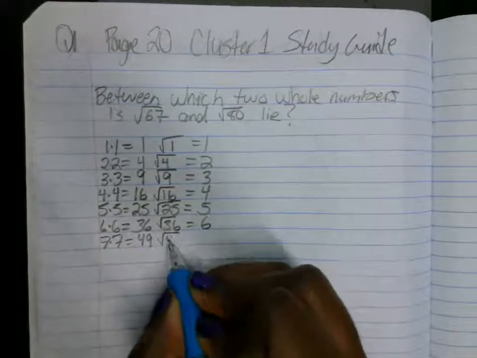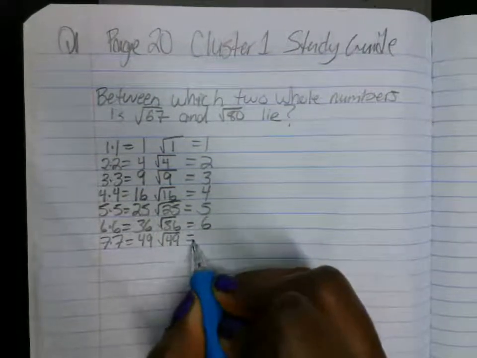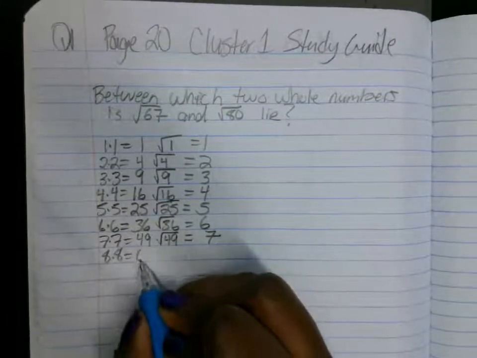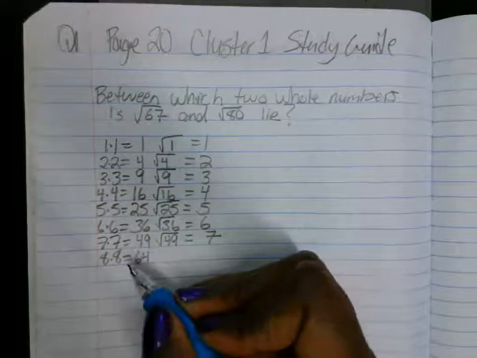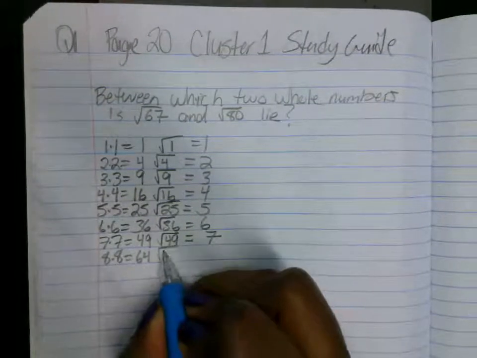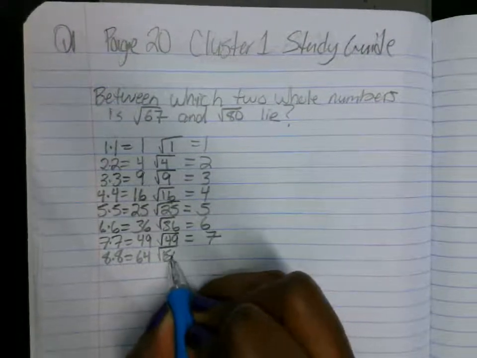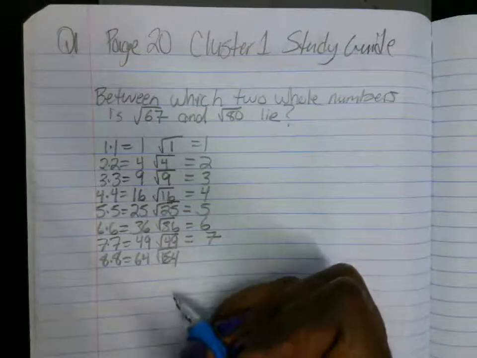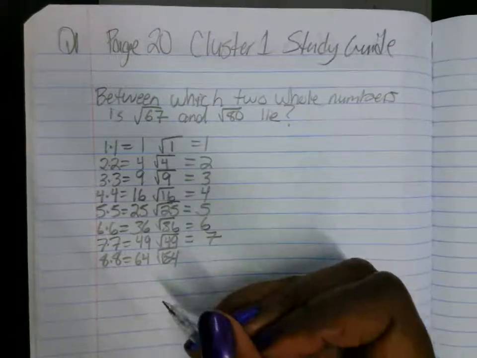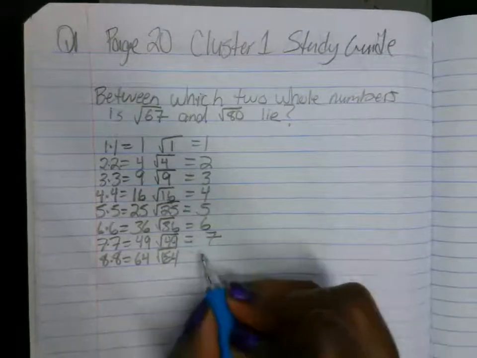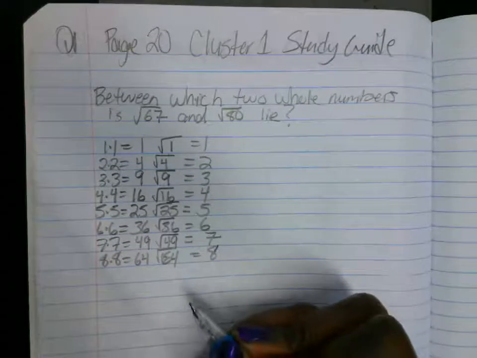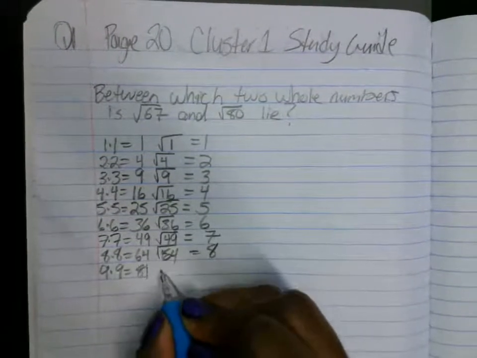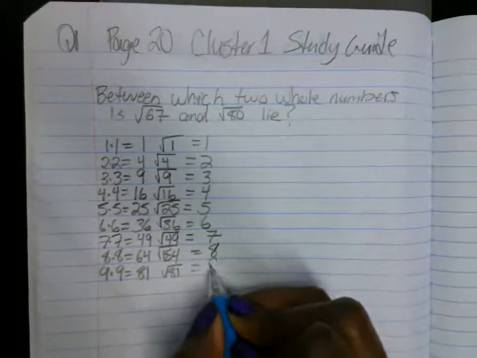What's the square root of 49? 7. 8 times 8? 64. I'm going to pause here in a second to give you a chance. I just want to get them all out. That's okay. They're on Canvas, so you can always go back and get those pages, okay? The square root of 64 is 8. What's 9 times 9? 81. The square root of 81 is 9.